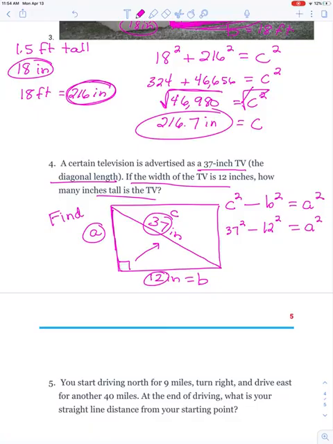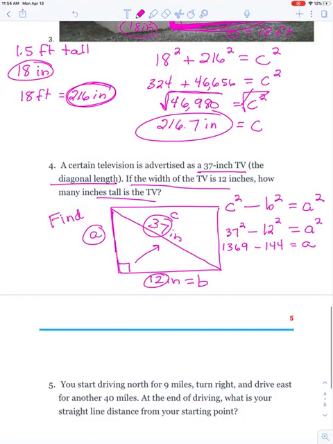Well, 37 squared is 1,369 minus 12 squared, which is 144, which will be A squared. Some simple math here. Let's do 1369 minus 144, which is going to give me 1,225 equals A. Oops, I forgot my squared here.